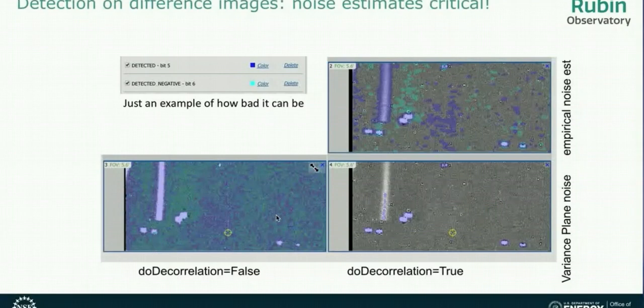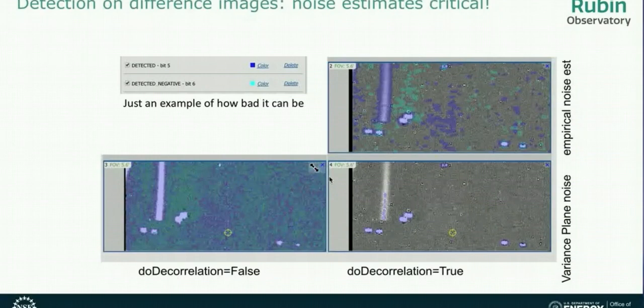The image on the left is a difference image with that extra Zogi decorrelation function turned off. On the right, it was turned on. On the top, I used an empirical noise estimate, and on the bottom, I used the variance plane noise estimate.